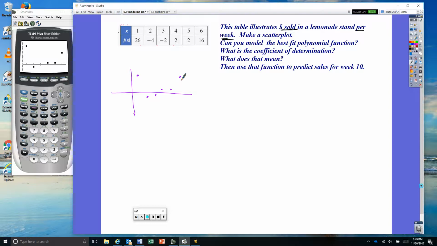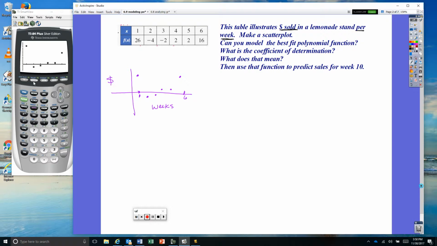Now we also need our labels and our scale on this, not just our quick plot. So obviously this is 1 and this is 6. The X is the weeks, the Y is the money made.